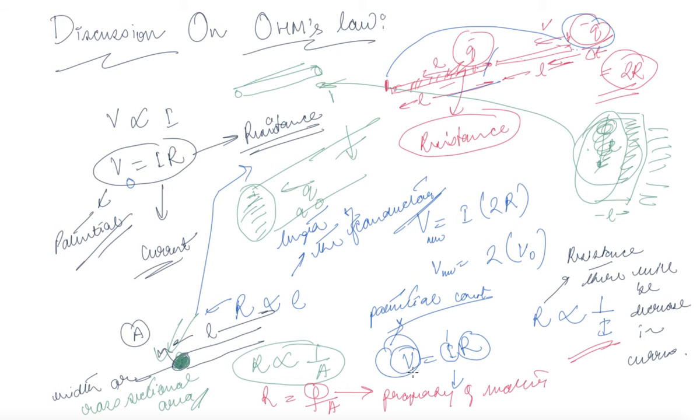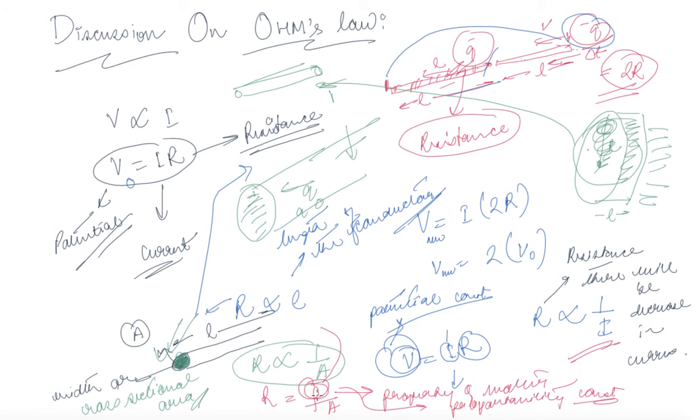This rho can also be known as your proportionality constant. Somewhat you can say this is related to density, but for now you can understand this as your proportionality constant, and it depends upon the material.